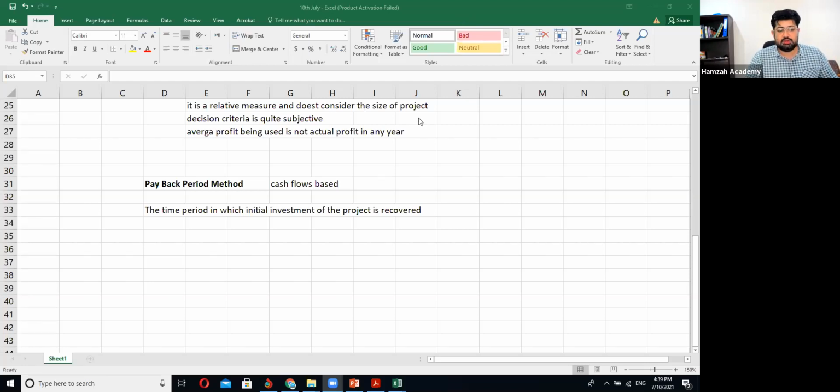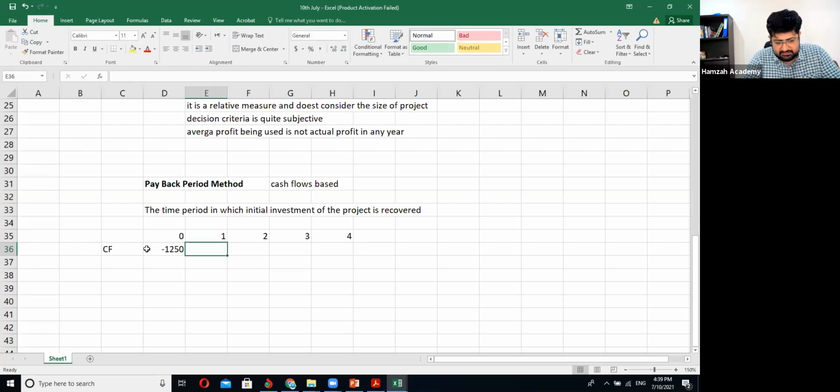So, students, how to calculate payback? Very easy. For example, here is a project which has cash flows. We said cash flow based. That is 1250 is the initial investment.